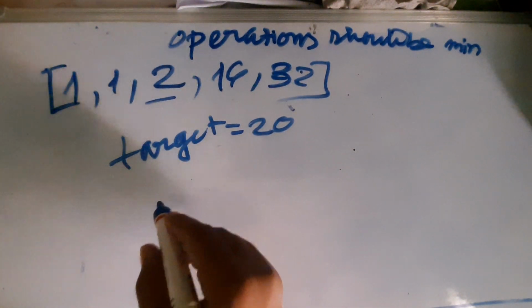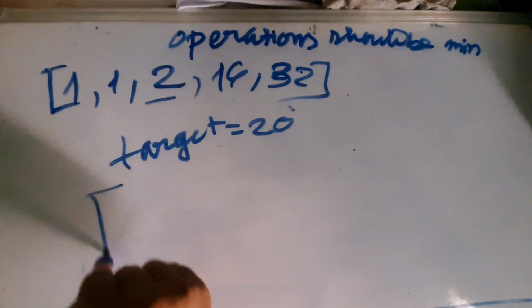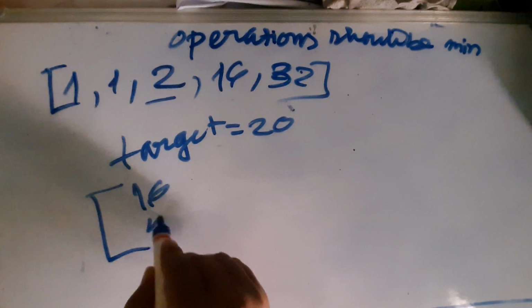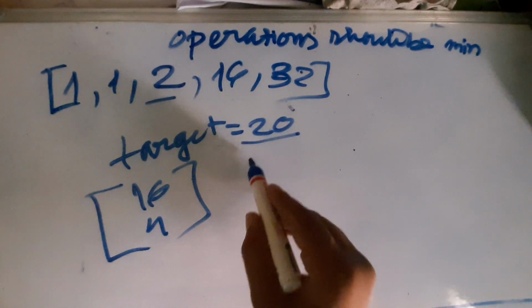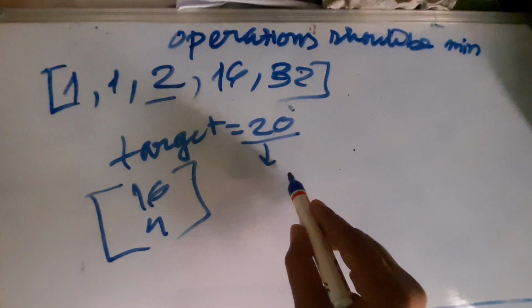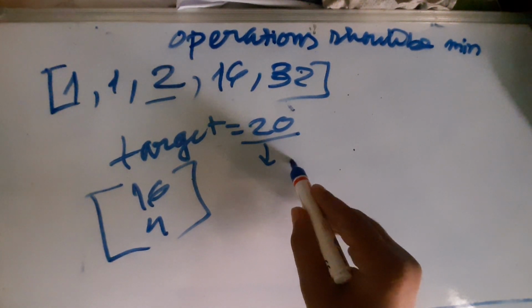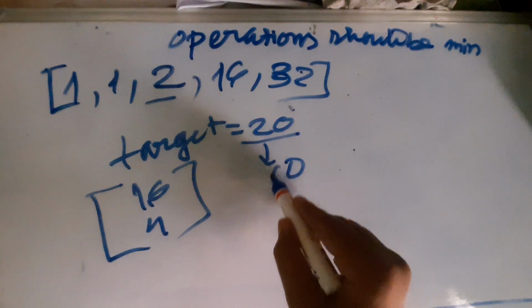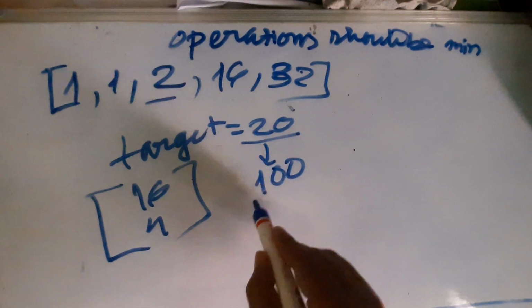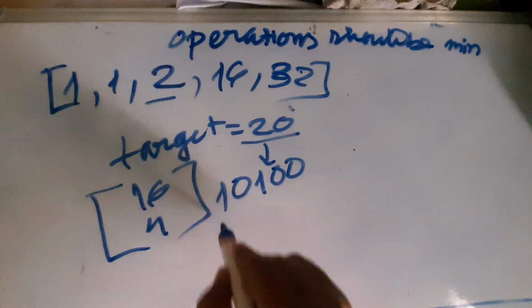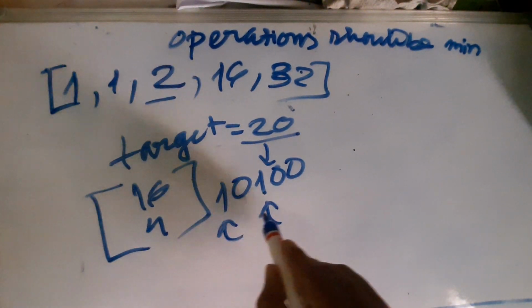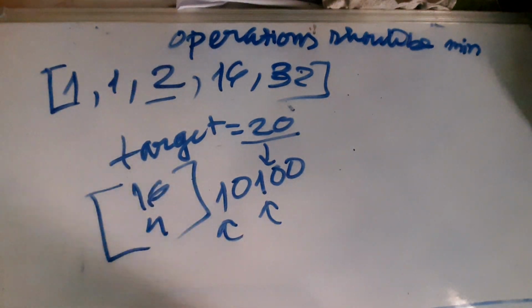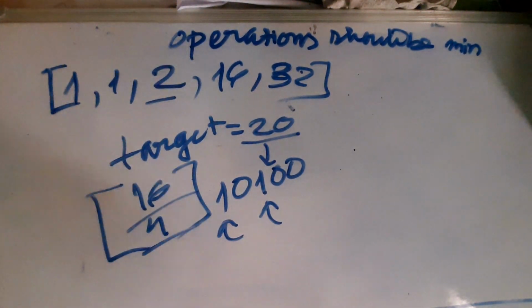So for 20 we need two numbers, we need 16 and 4. How are we getting these two numbers? By looking at the binary representation. So 20's binary representation, with places 1 2 4 8 16, just by looking at it, we see that at these places the bits are 1, so we need to find these two numbers that are powers of 2.